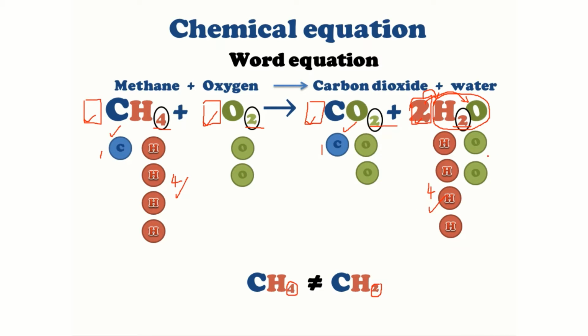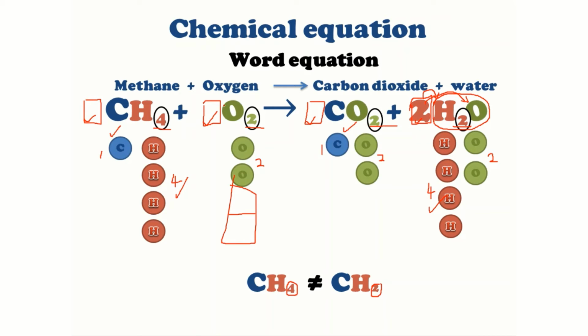Now oxygen, we have 2 and 2, so we have 4 oxygen on the product side, but on the reactant side we have only 2. So the oxygen atoms are not balanced. We need to do something. We have 4 on the product side and 2 on the reactant side, so they should be equal.